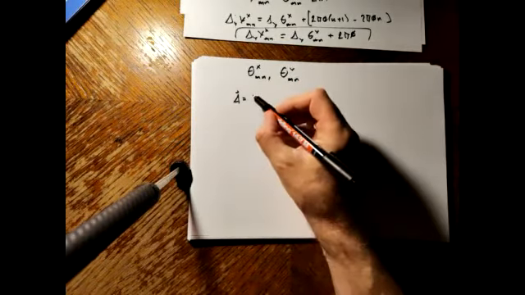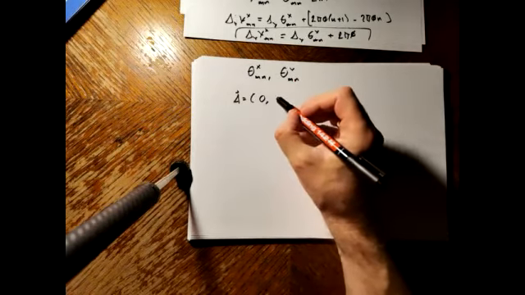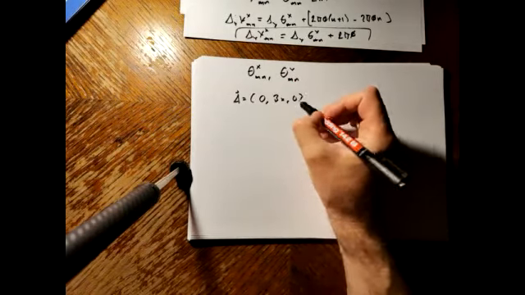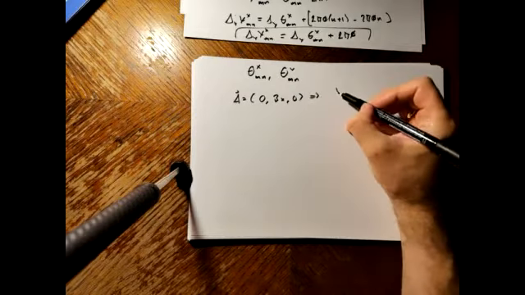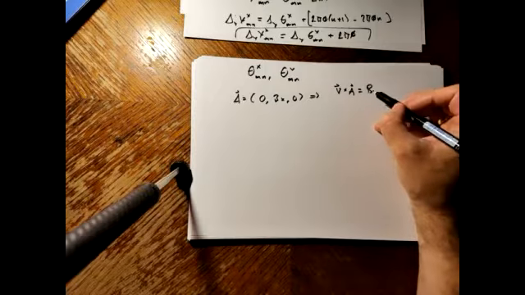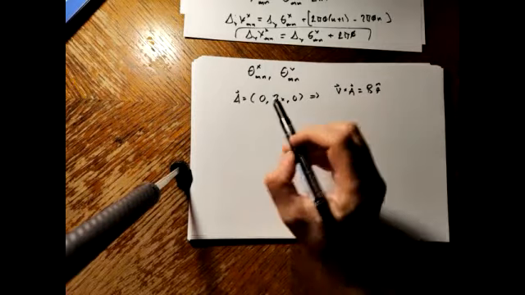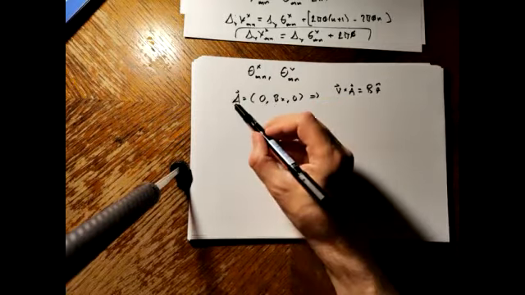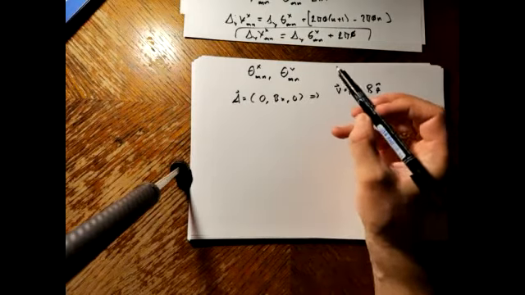I can, for example, take A to be (0, Bx, 0). If I do that, it's easy to show that the curl of A gives me B in the z direction. I think this is called the Landau gauge.